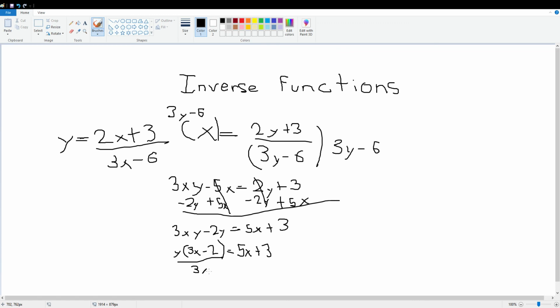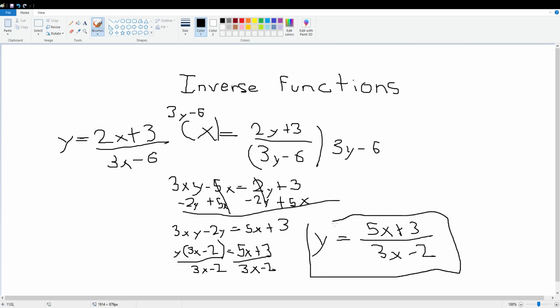So then we divide by 3x minus 2 to isolate that y, and we get y is equal to 6x plus 3 divided by 3x minus 2.